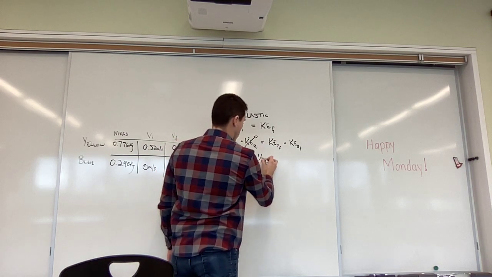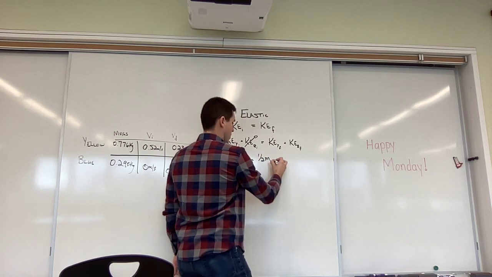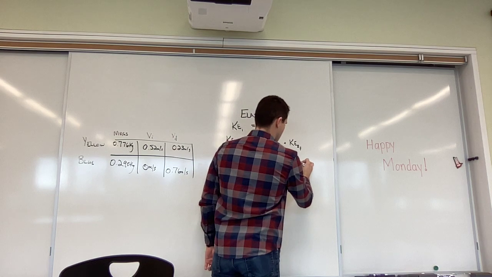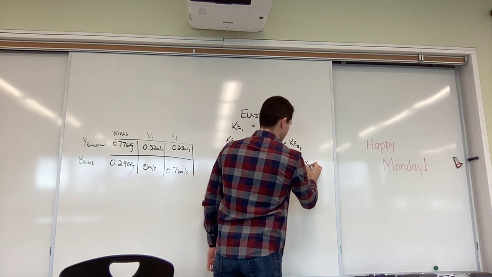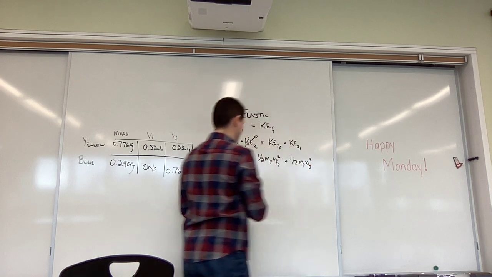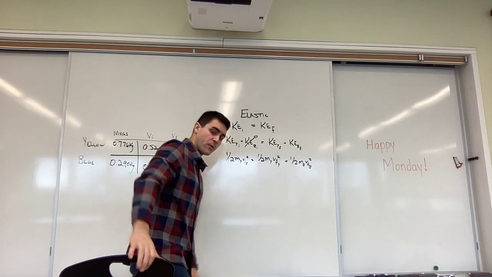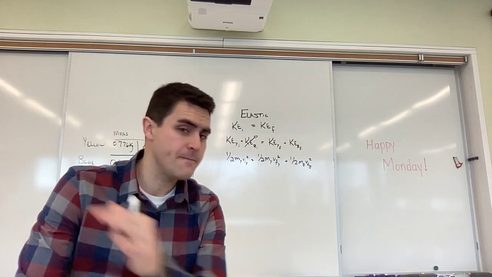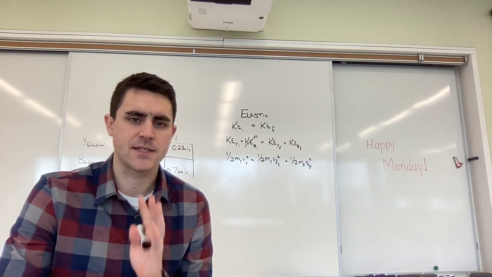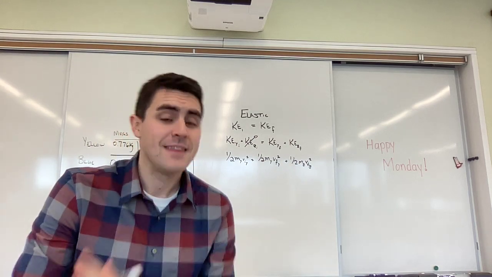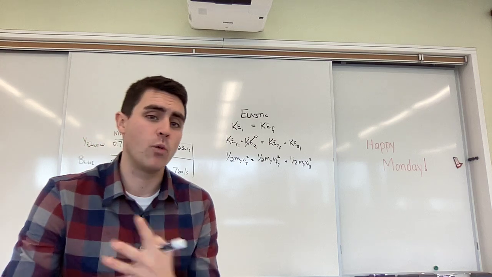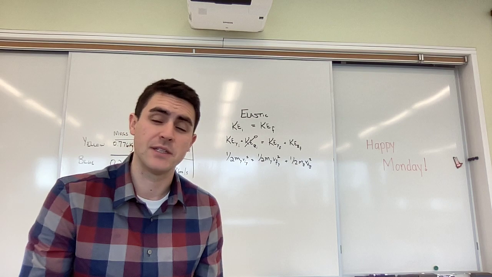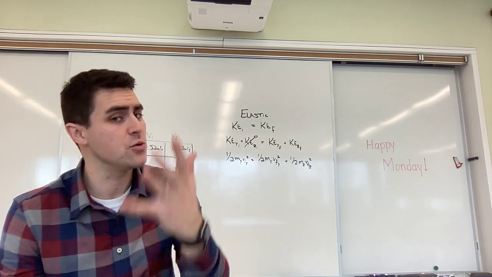This should be equal to 1/2 mass of the yellow cart, final velocity of the yellow cart squared, plus 1/2 mass of the blue cart, final velocity of the blue cart squared. This is my second check for verification. If both sides are equal, it's definitely a perfectly elastic collision. If they are not, then energy was lost somewhere in the collision, and that is most typically the case. Most typically, these collisions are not elastic, but you go verify it.